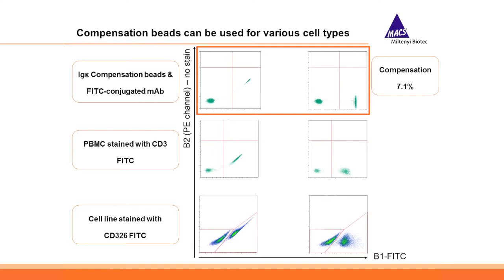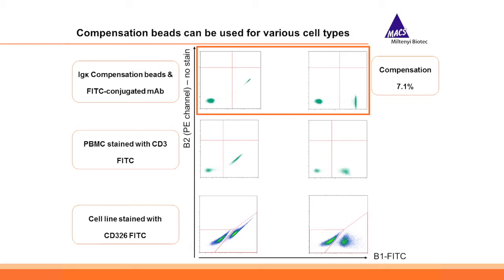And now I have a different cell sample, a cell line that is stained with an epithelial cell marker. It's a cell line with epithelial marker on the cell surface. And you see here, these cell lines, which is often the case with tumor cell lines, the negative cells already make a very high fluorescence in this channel, but also in this channel here.